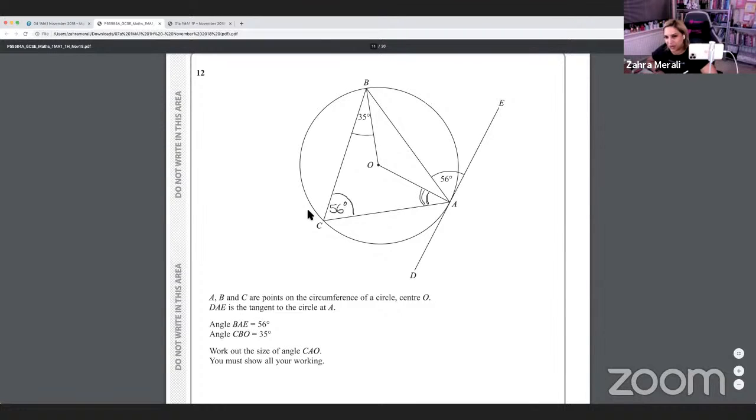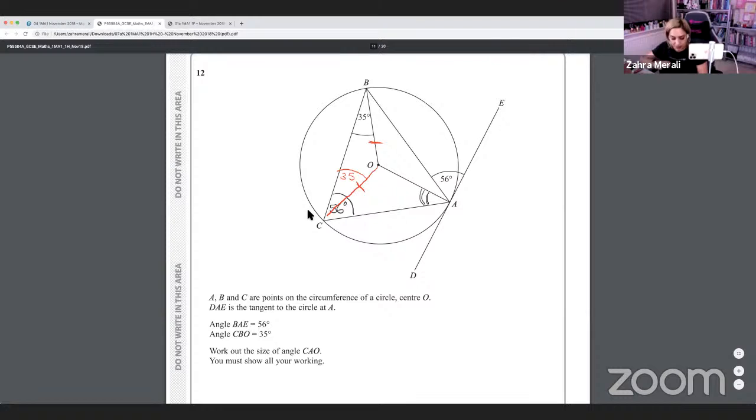Okay, we now know that OCB is also going to be, so if you have a look, if I split this here, this is a radius, this is a radius. We know that base angles are the same. So we know this bit is 35.